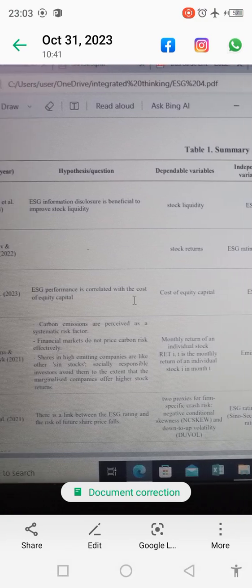I hope you can see their question: ESG information disclosure is beneficial to improve stock liquidity. Sorry, a quick one. This is not how to structure the research question, but this is structured in the form of a hypothesis. Not directly, yes, not directly. We still get there and explain better and further.